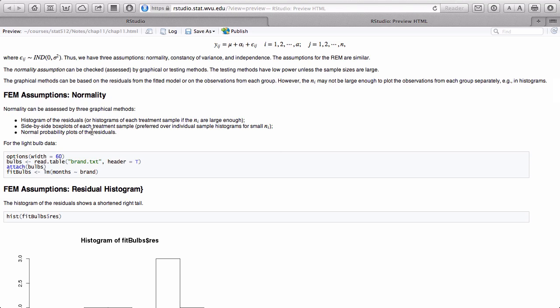Now, usually it's better to fit the model and look at the residuals. A lot of times, we don't have that many observations in each group. And so if I try to do a histogram separately for each group, it's not very good because the sample size is too small for each group. But we could do side-by-side box plots, and those kind of work. We've done that before. We could also do normal probability plots on the residuals.